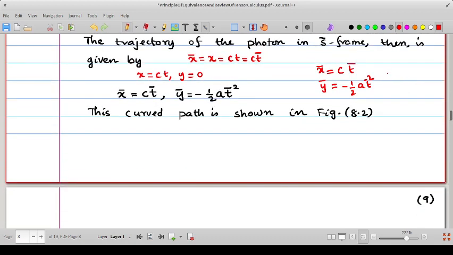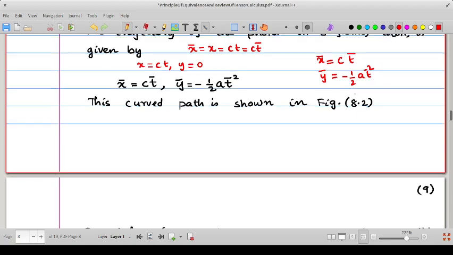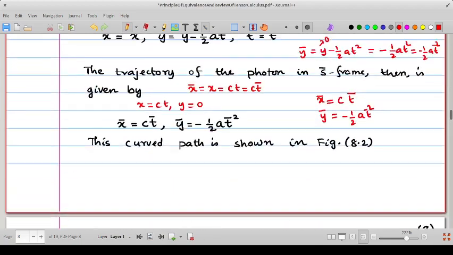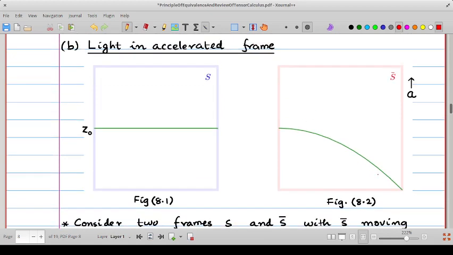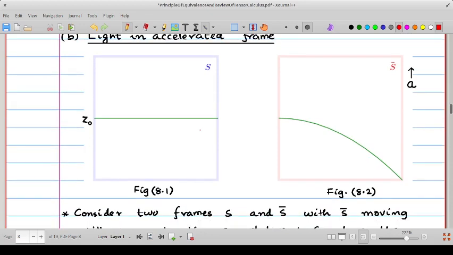So the coordinates of a light event corresponding to light emitted in the x direction in the frame of reference S is given by x bar is equal to c t bar and y bar is equal to minus half a t bar square. And this trajectory is given by this picture, this green line. In the frame S, it is a straight line, the green line.